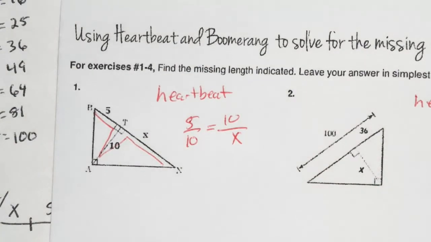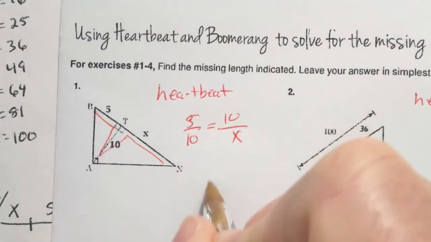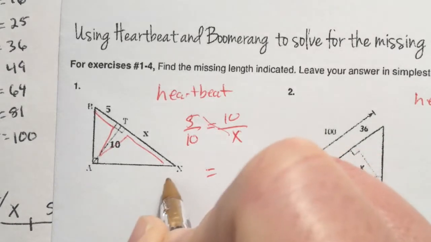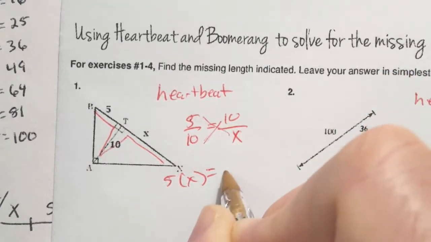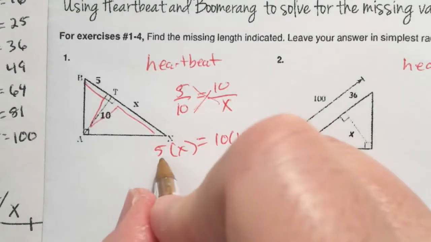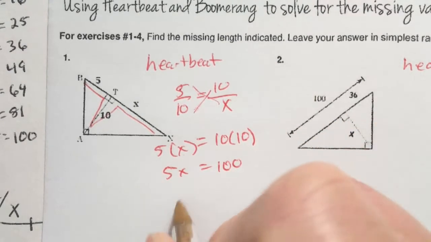Okay, now we're in familiar territory, just cross product. The equal sign stays in the middle. These two go together, so that's 5 times x, and these two go together, that'll be 10 times 10. And you just keep making it pretty. 5 times x is 5x. 10 times 10 is 100.